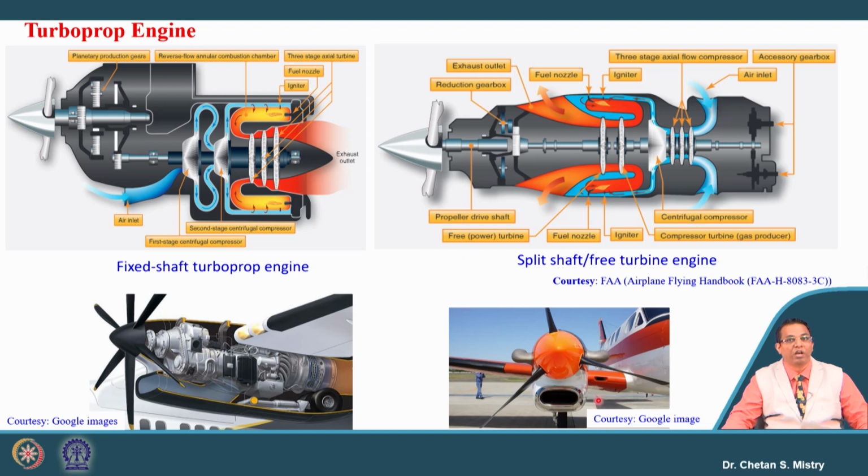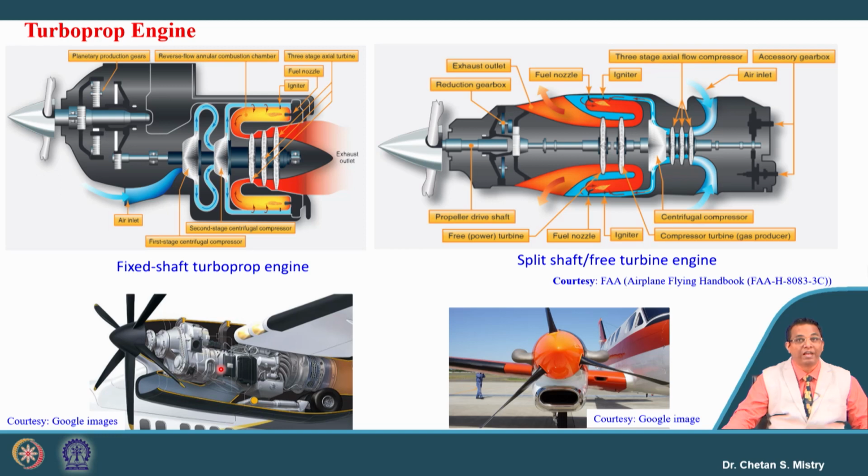Here, this is representing the intake, and here we have the exhaust nozzle. Similarly, here also you can clearly see the intake and the exit. For the line diagram we are showing it in a reverse way, but do not get confused. So here the question will arise: why not an axial flow compressor? Why are we having a centrifugal compressor?